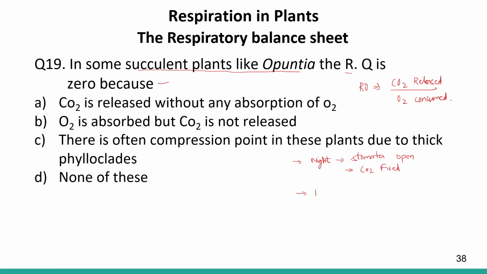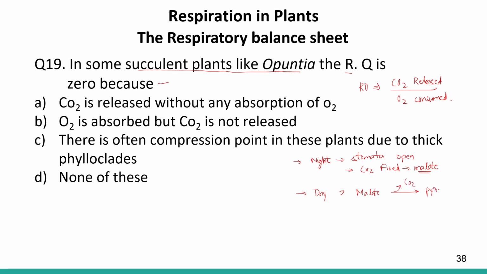But what happens during the daytime? Carbon dioxide is fixed at night time and stored as an organic acid, like malate. During the daytime, this malate is decarboxylated and carbon dioxide is released.